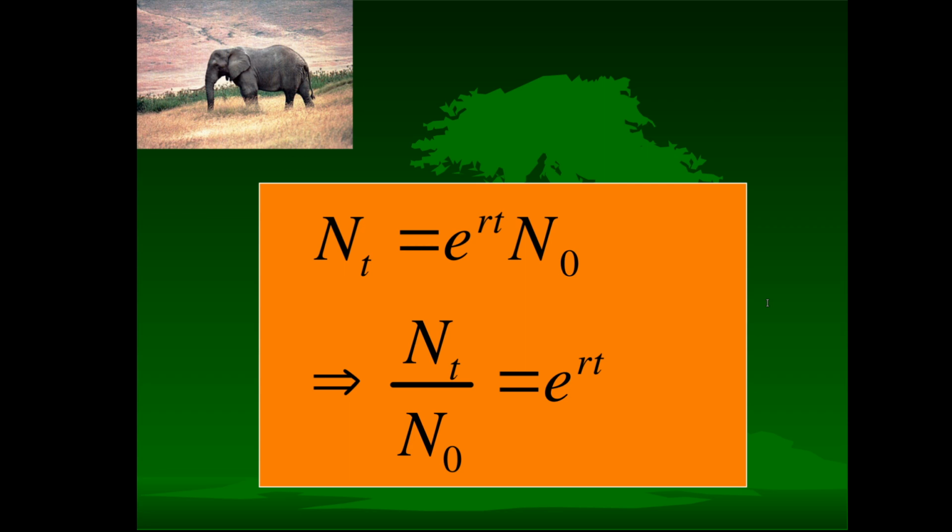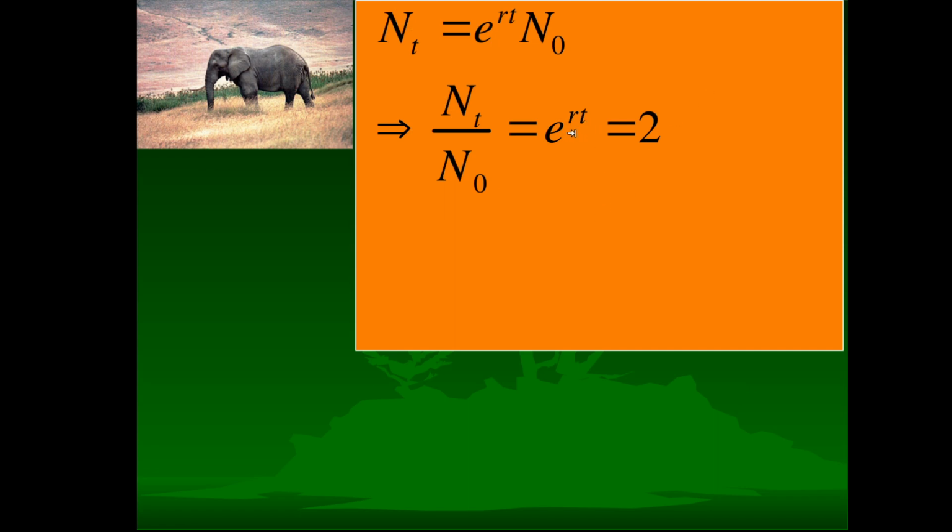Well, we know that n at time t is equal to e to the rt times n at time 0, this top equation. What does t have to be to make n at time t over n at time 0 equal 2? Well, that would be the doubling time.